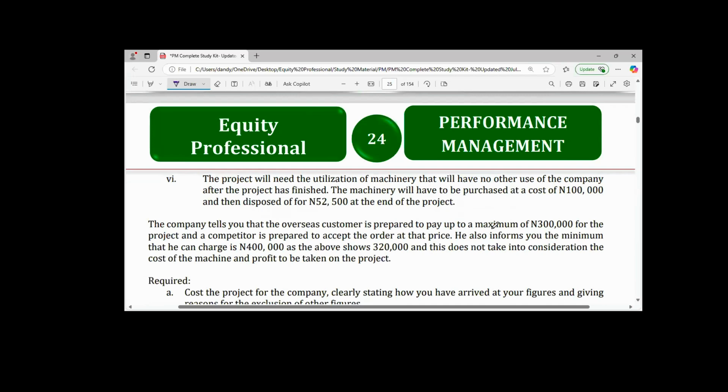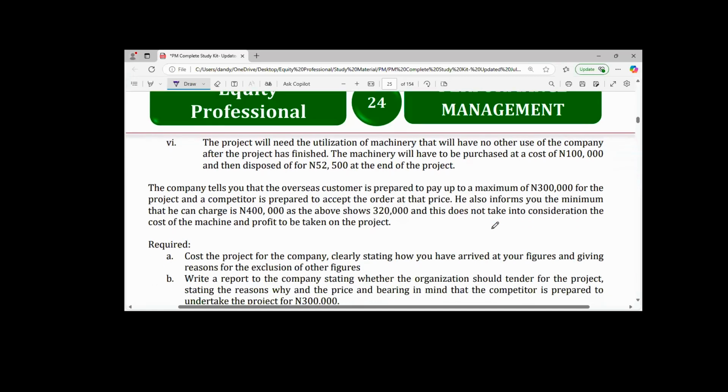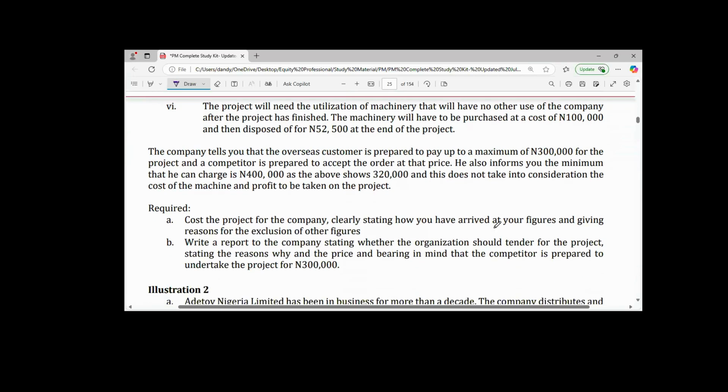The company tells you that the overseas customer is prepared to pay up to a maximum of 300,000 naira for the project, and the competitor is prepared to accept the order at that price. He also informs you that the minimum that he can charge is 400,000 naira, as the above shows 320,000 naira, and this does not take into consideration the cost of the machine and the profits to be taken on the project.